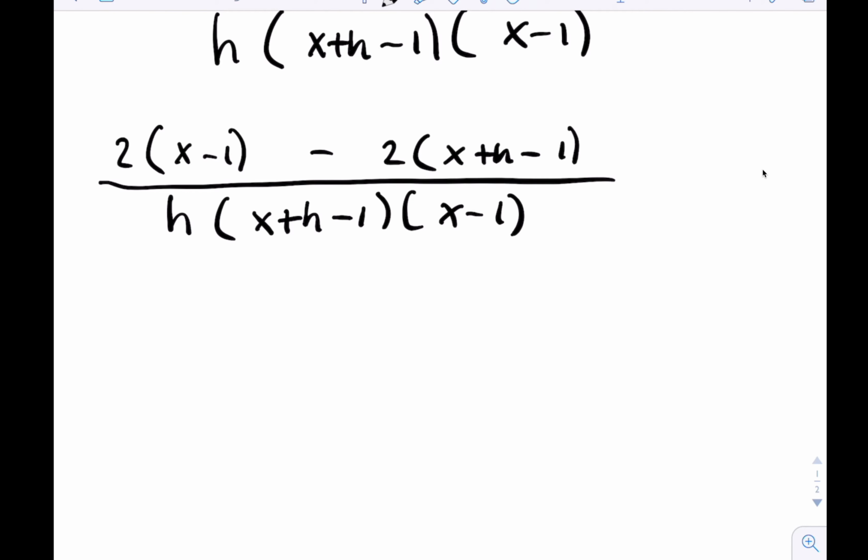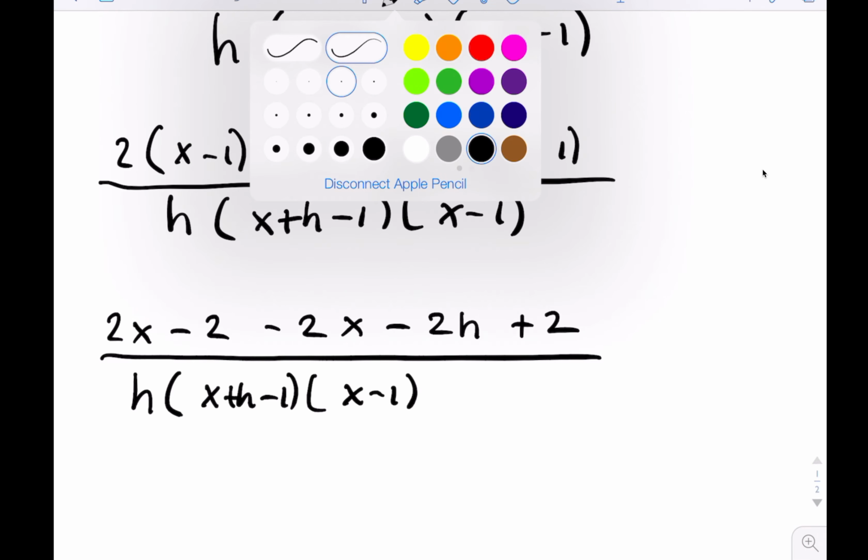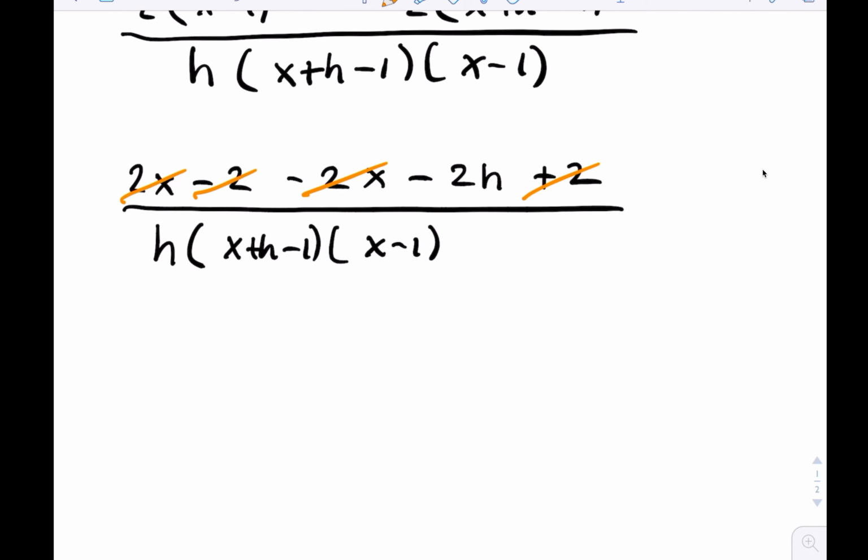All right, so now I just want to multiply the top out, so I have 2x minus 2 minus 2x minus 2h plus 2, over my denominator now. And you should see, I can cancel some more things out, so 2x and 2x can go away, and then 2 and 2 can go away.